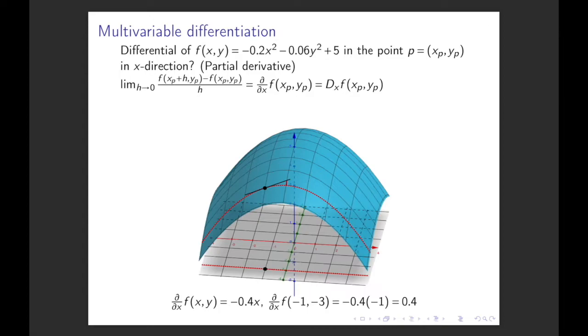And we get what's written below the picture. The partial derivative in x direction of f of x y is minus 0.4 x. In our black dot indicated point with the coordinates -1, -3, we therefore get minus 0.4 times -1, where -1 is the x coordinate plugged into the derivative, and that is 0.4.